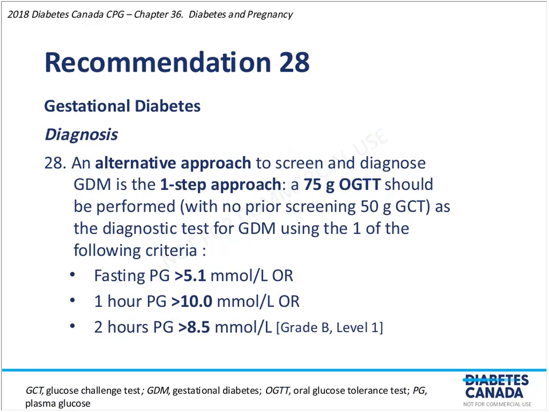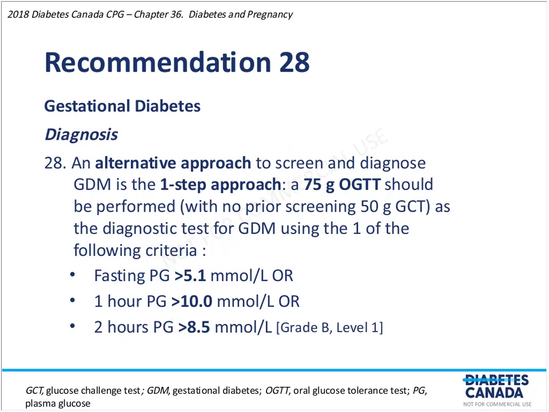Where it gets difficult, of course, is that both the preferred approach and the alternate approach do have a 75-gram OGTT component to them, but there are different glucose criteria for what is abnormal for both those circumstances. So it makes things very confusing for physician and even for the lab to be able to keep these things straight.